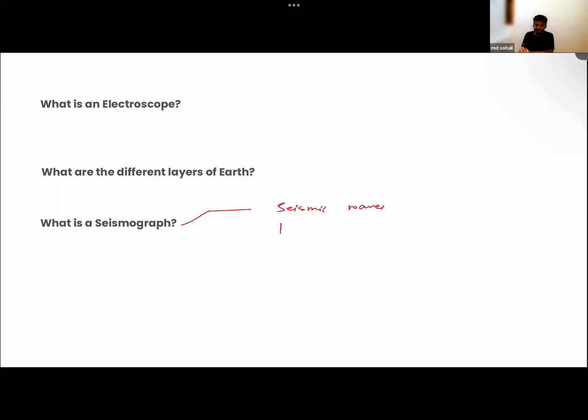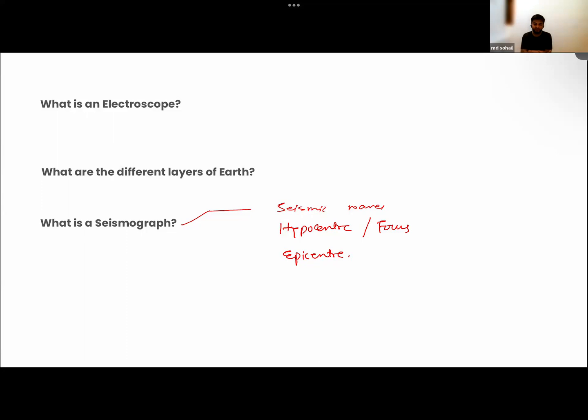Okay. What is the hypocenter or focus? So it's the middle part of the plate which produces the seismic wave. Not necessarily the middle part of the plate. It is basically the point where the earthquake originates.